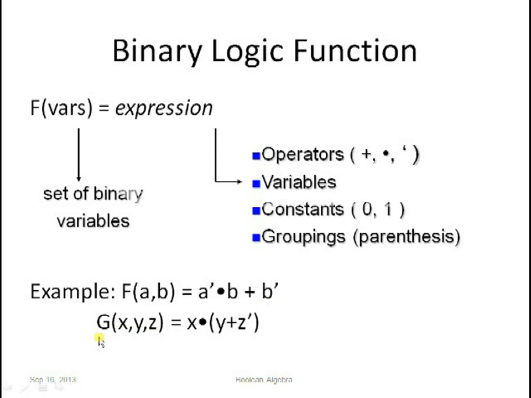In the same way, if you take one more example, g of x comma y comma z equals x dot of y plus z complement, where x, y and z on the left hand side are the binary input variables, and on the right hand side it is an expression which involves dot and plus operators along with the complement operator, and then the variables as well as the groupings, which are nothing but the parentheses. So this is how we represent the relationship between the input variables as well as the output of that particular function.